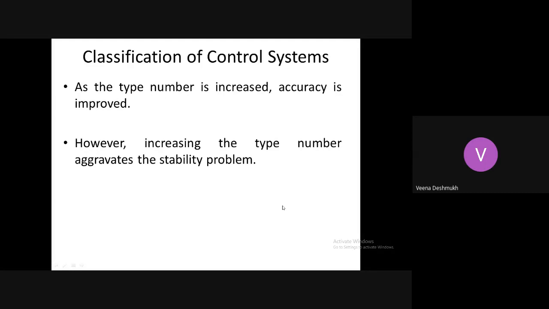Now when it comes to control systems, whenever you want a highly accurate system, there is always a mechanism put in place to control it and bring it to near zero error, or a highly accurate or improved accurate system. So for that, you need to have a good control system in place.